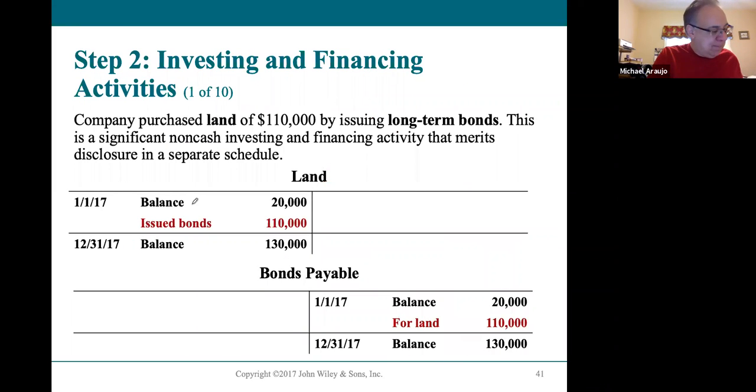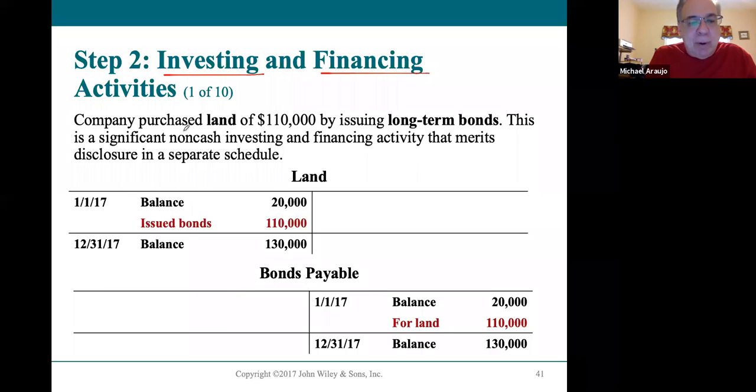The very last thing that we're going to be looking at in the chapter is the last two parts of the cash flow statement, the investing activities and the financing activities, and how they are looked at in the preparation of a cash flow statement.